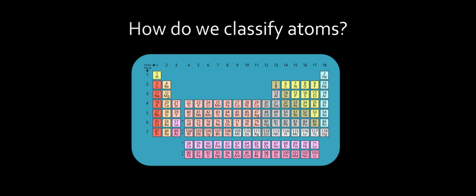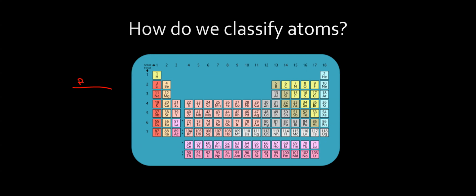In other words, we see the regular emergence of similar physical chemical properties over and over again. And so what we do here is we arrange these elemental families according to these properties. Okay, and so we have columns called groups, and we have rows called periods.